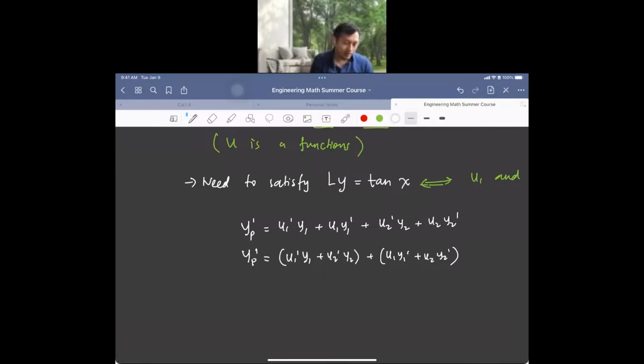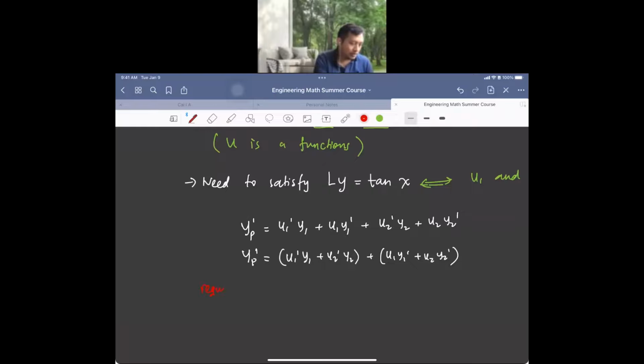Okay, we can still take one more condition to simplify our calculation. So we have two unknown functions, right? We have u1 and u2. So we need to take one more condition.